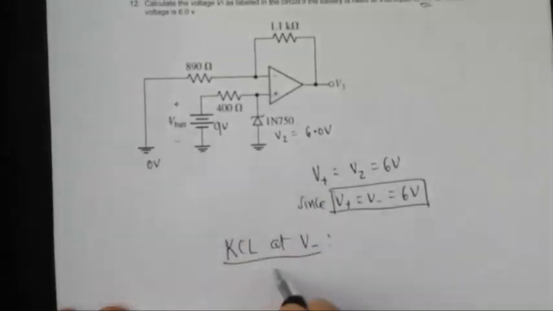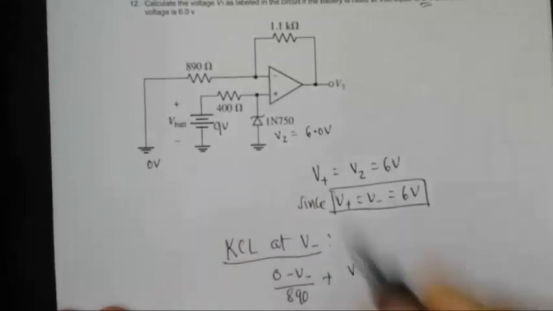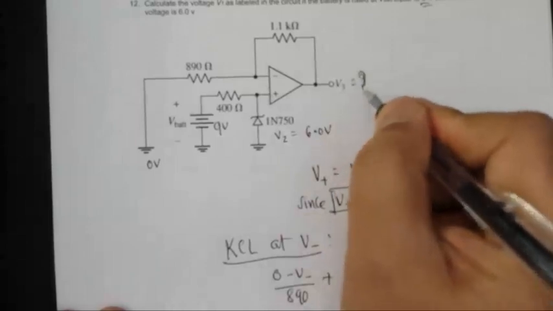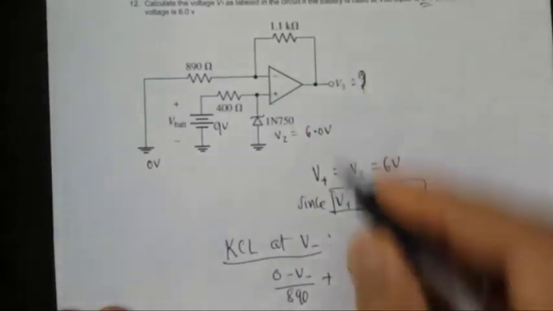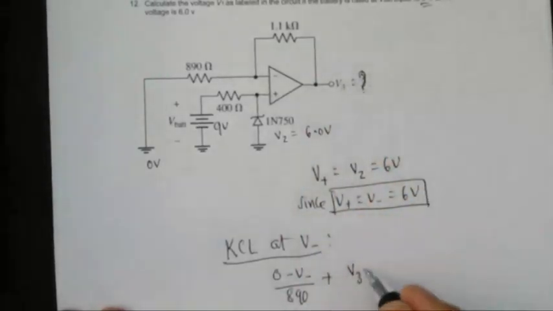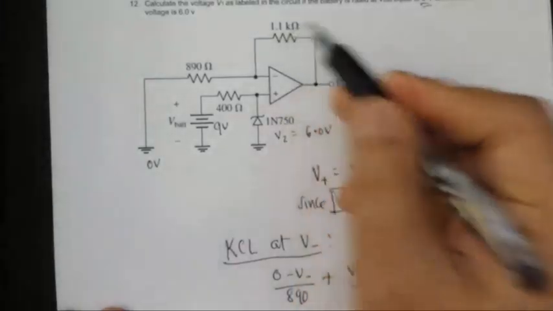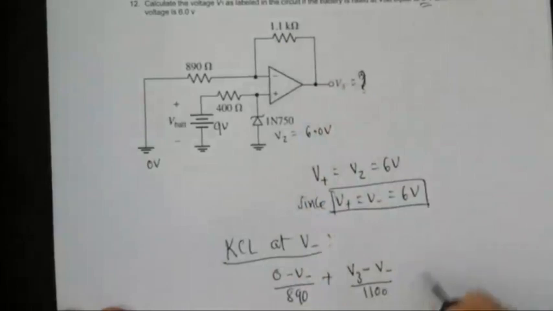So 0 minus V negative divided by 890 ohms plus V3, the output, minus V negative divided by 1.1 kilo ohm, which is 1100, is equal to 0.